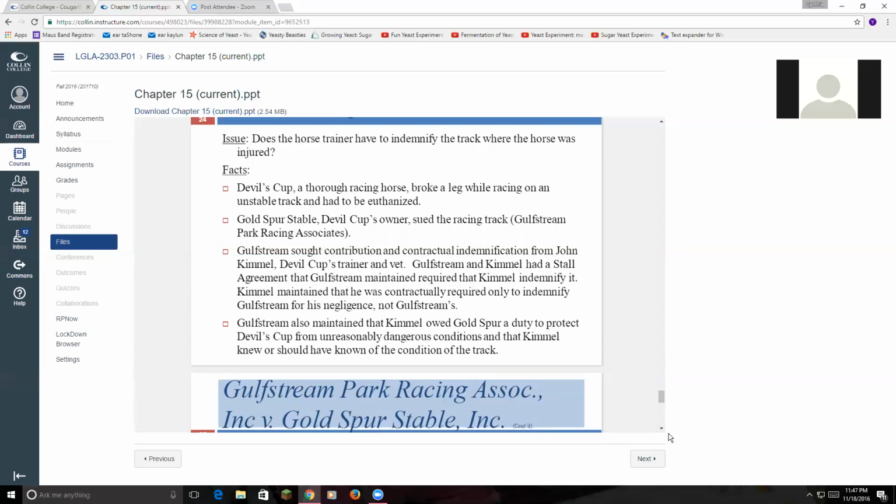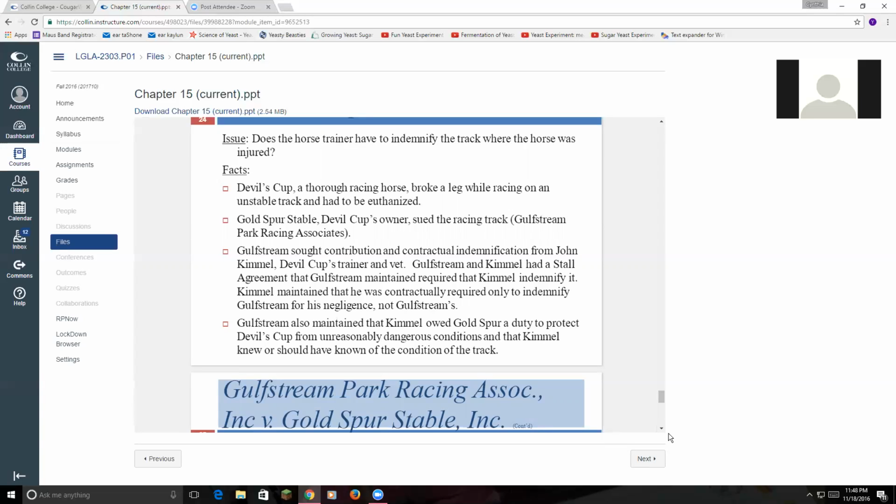Anyway, one of the provisions in the stall agreement is that Kimmel is supposed to indemnify Gulfstream. Well, there's a dispute about the language of the contract. Kimmel's understanding is that Kimmel only has to indemnify Gulfstream when it's Kimmel's negligence. Gulfstream's position is no, Kimmel has to indemnify Gulfstream when it's Kimmel's negligence, but also when it's Gulfstream's negligence.